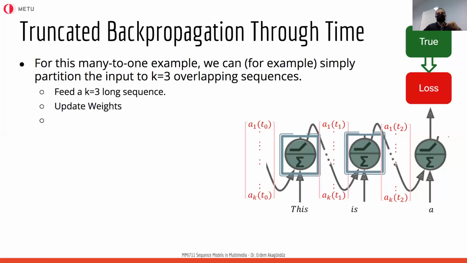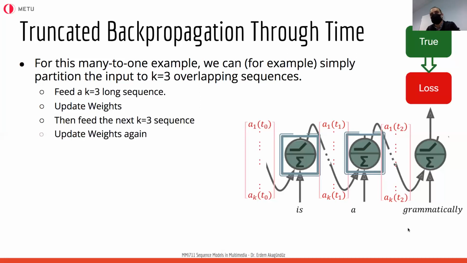So at this point, I realized that applying truncated backpropagation for this example may not be a very good idea, but still it may be a good idea because I'll be training this network not only for this subsequence, I'll be feeding other overlapping subsequences as well. Just like this is a grammatically.